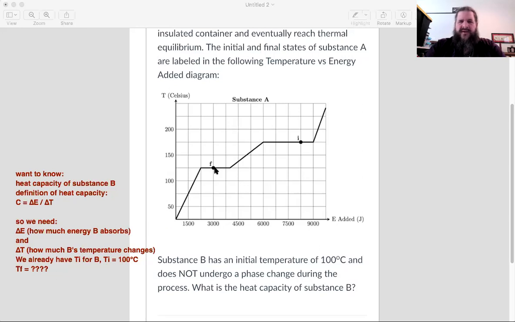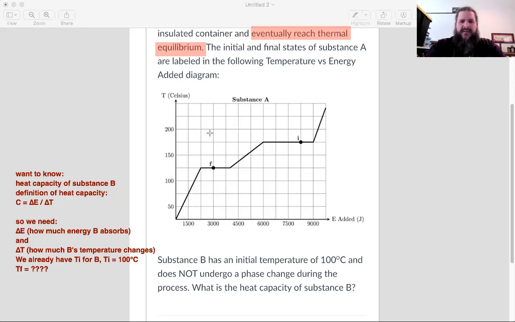Yeah, we can look at A's final temperature. And how do we know they're going to be the same? Yeah, this specifically tells us that they eventually reach thermal equilibrium. Thermal equilibrium means everything has finally reached the same temperature.